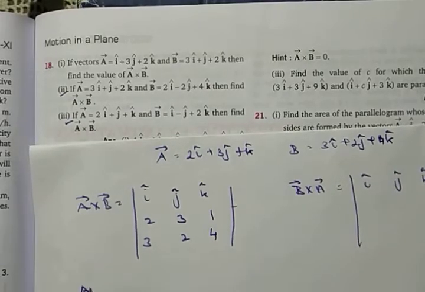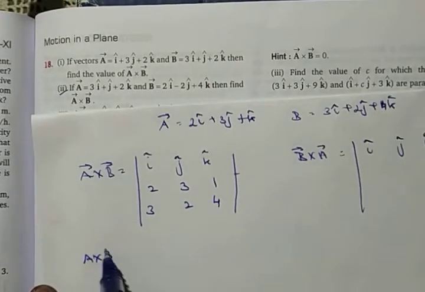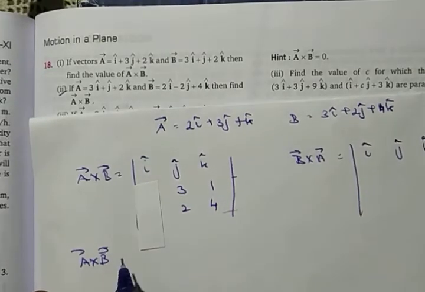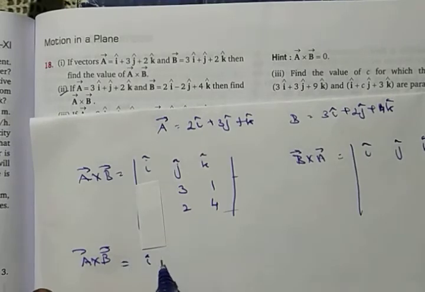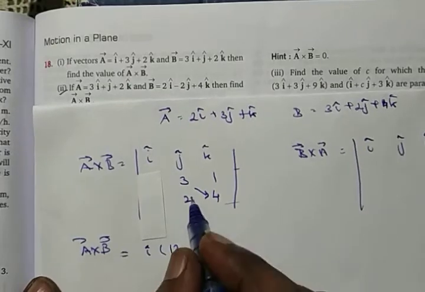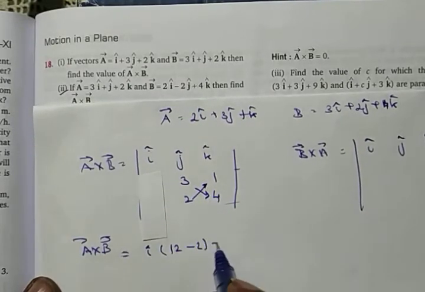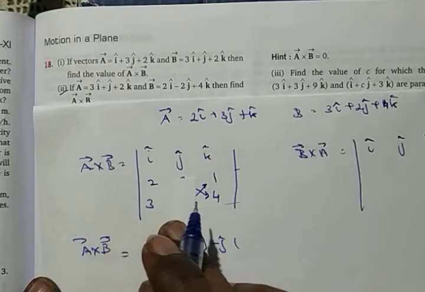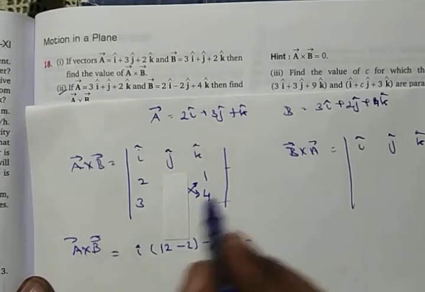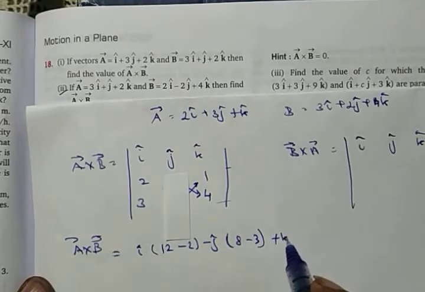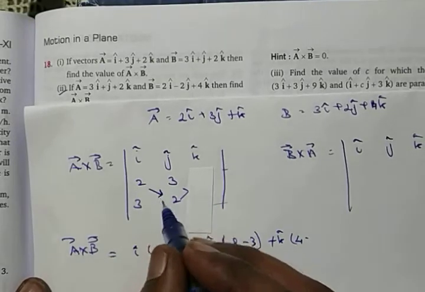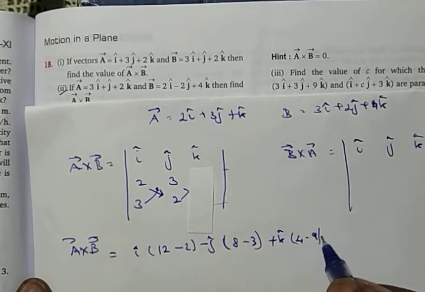And we do the same way. A cross B is equal to, so we hide this one, and then that's going to be equal to i cap times of cross multiply this 12 and cross multiply this minus 2, minus j cap of, it is 8 minus 3, plus k cap, it is 4, and this one is minus 9.